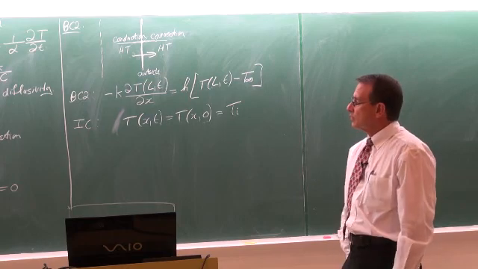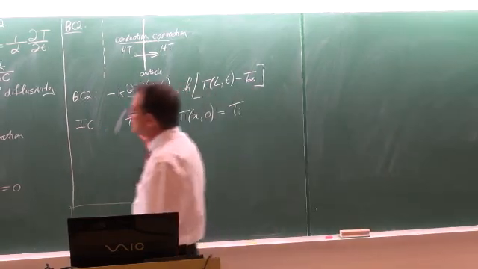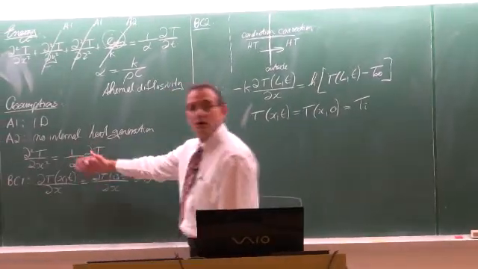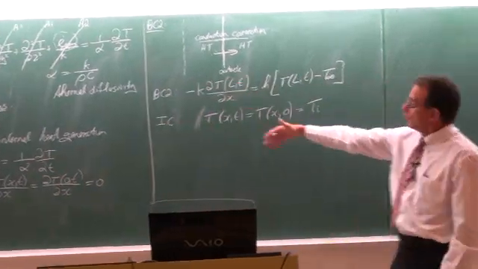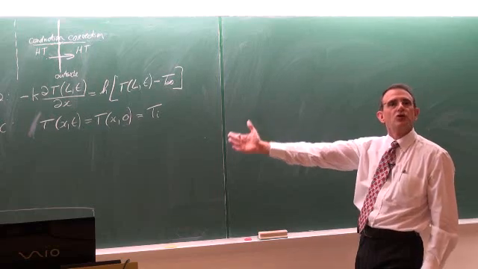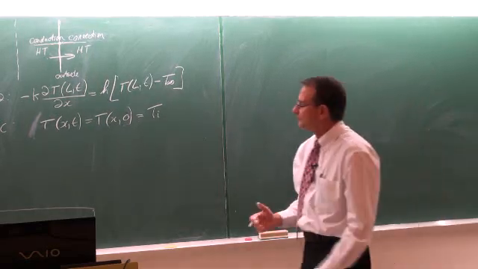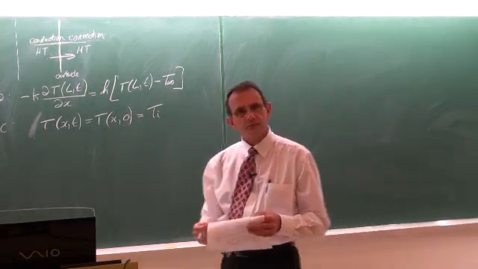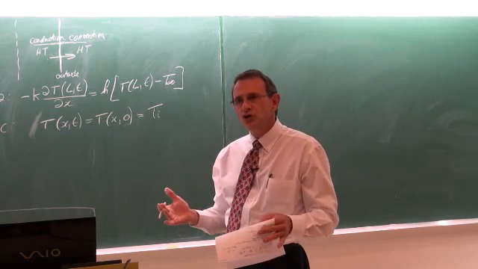So what we have to do is solve this equation with two boundary conditions and an initial condition to get the answer. Unfortunately, it's not very simple to do that.